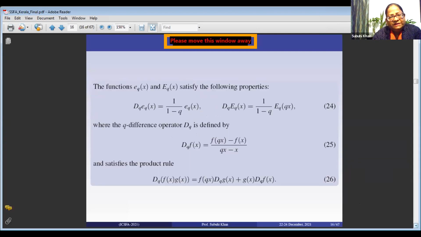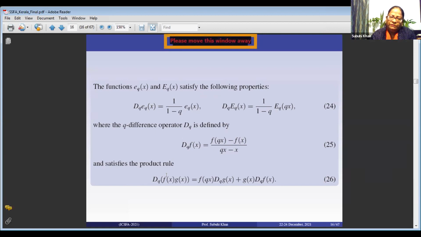Now when we have to handle these concepts, we will be going for the operations as well. So this is the derivative properties for both exponential functions. It is different, and also the Q difference operator we will be defining by this relation.